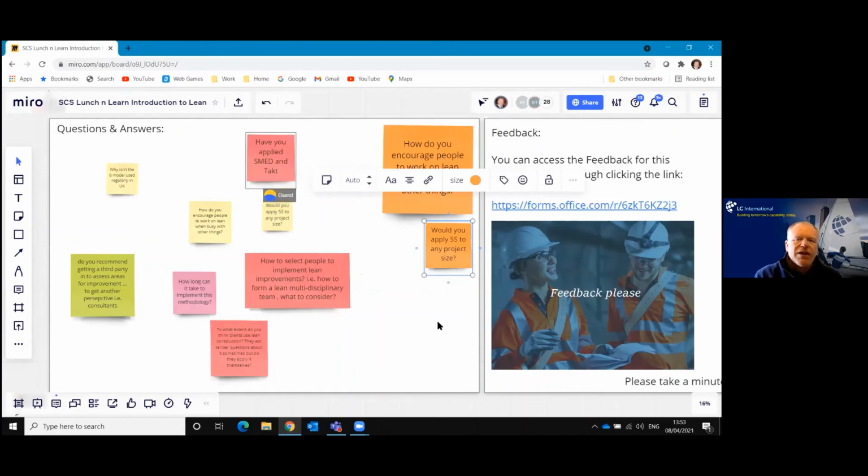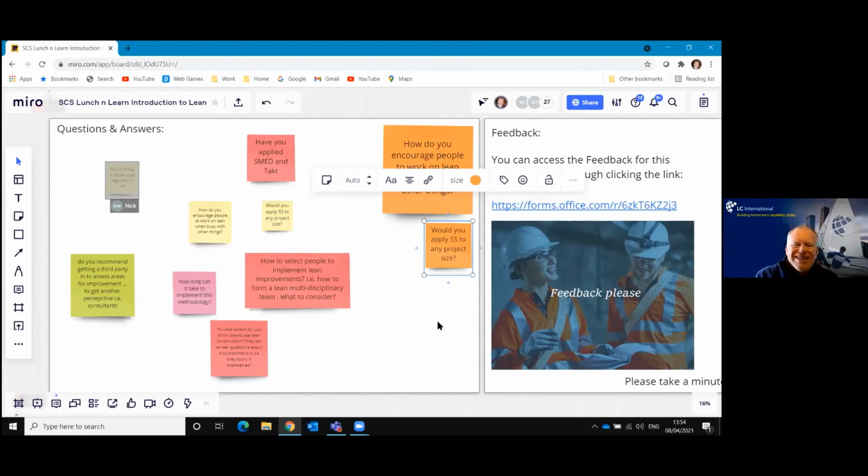Don't just think that you've now got a screwdriver, a hammer, and a saw, that those are the tools that you're going to use. Think about the situation that you're facing and then apply the right tool or technique to help improve that situation. So when you apply 5S to any project, yes, you can apply it to any size project, but you've got to ensure that everybody on the page within that project understands what you're trying to achieve.